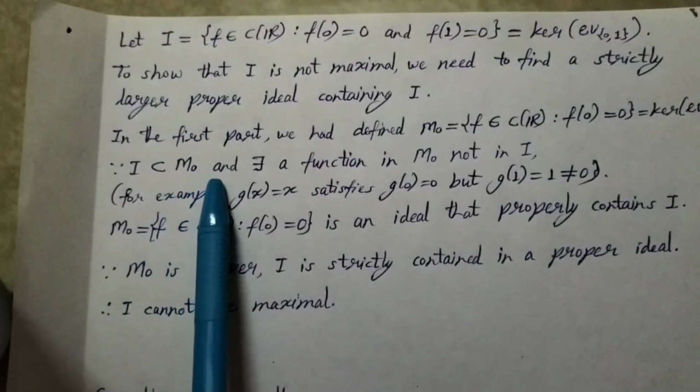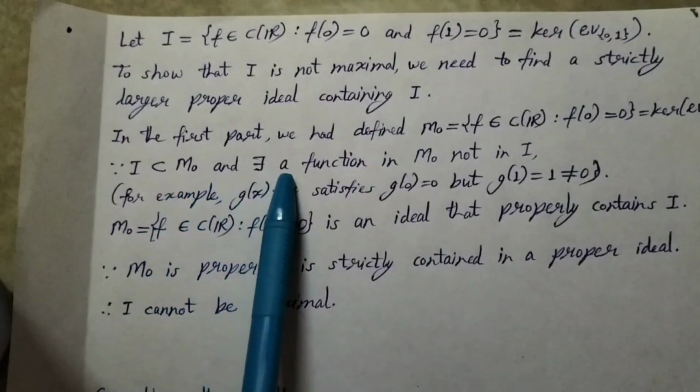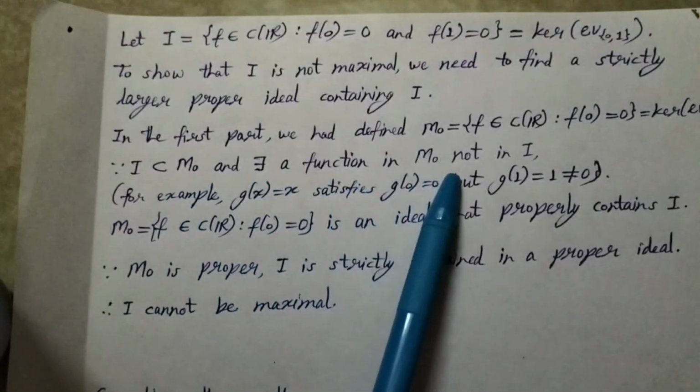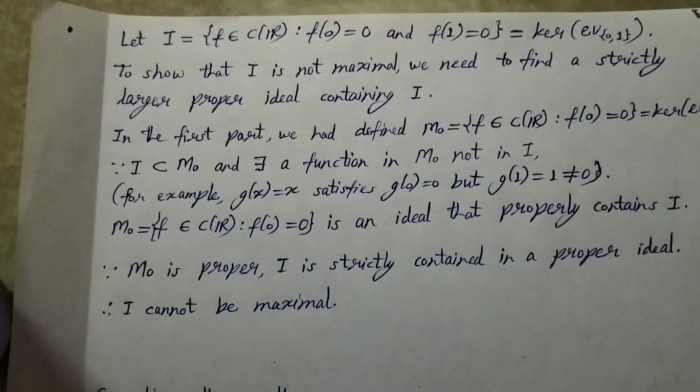Since I is contained in M naught and there exists a function in M naught which is not in I, therefore, M naught, which is {f belonging to C(R) such that f(0) = 0}, is an ideal that properly contains I.